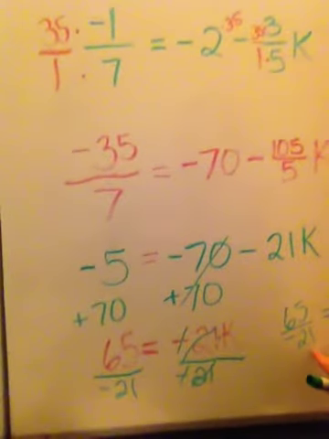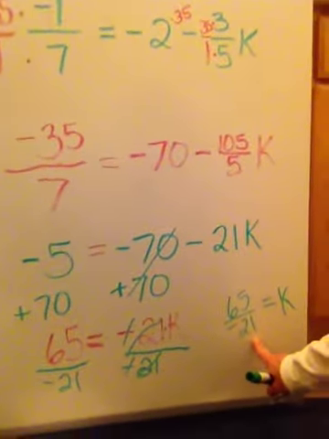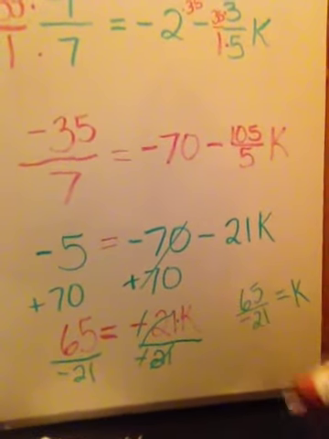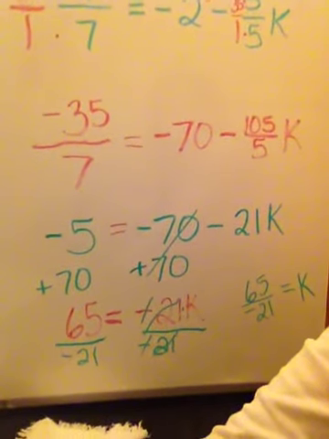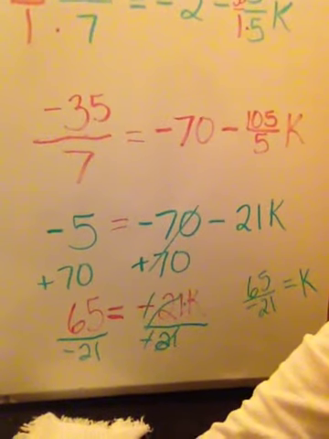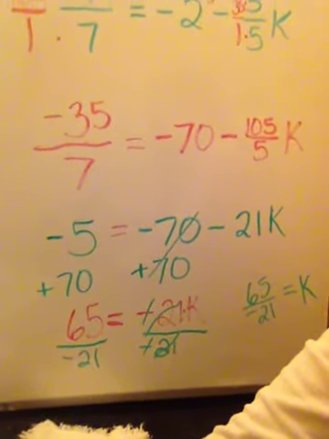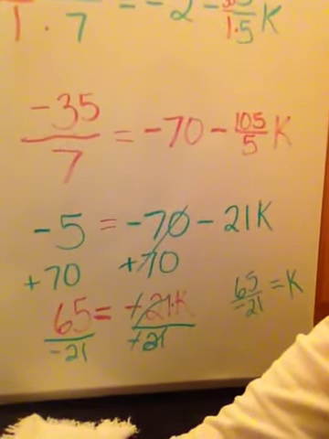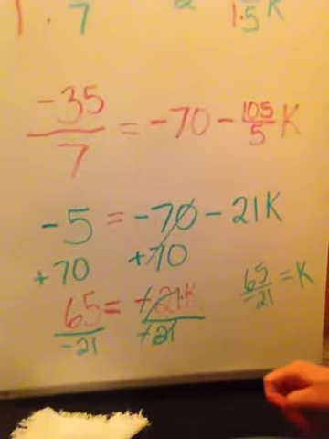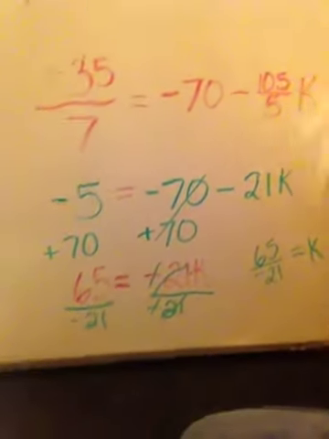The only thing that will go into 21 is 3 and 7 and 21. I know 21 and 3 won't go into 65. And 7 will also not go into 65. 7 times 9 is 63. So, okay, so there's that.